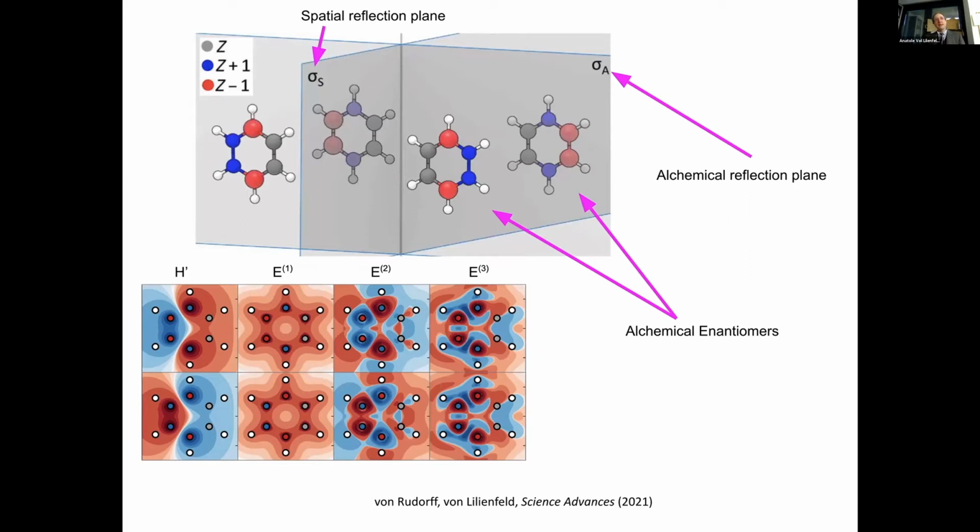And as a result, up to third order in the perturbation expansion, your electronic energy between these two systems will be degenerate, and so it's like an alchemical reflection plane, if you wish, and you cannot through rotation or translation superimpose these two compounds. So this is a constraint, right? A relationship in chemical compound space. And so a regression model should find these implicit correlations in the data and then exploit them.